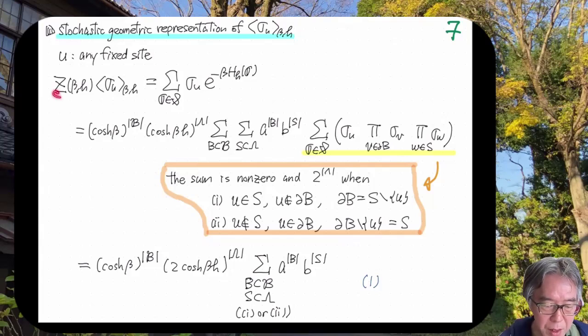So anyway, this is the condition, and this thing is exactly written like this. Here we have this standard factor, a summation over B and S, and we have to have condition 1 or 2. This is nothing very difficult, but it's a little bit more complicated than before.